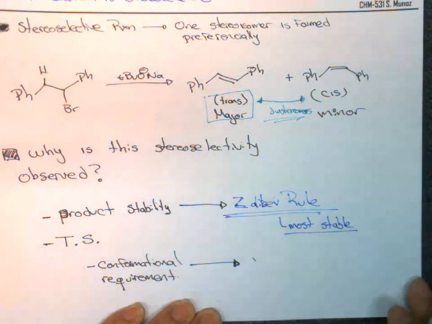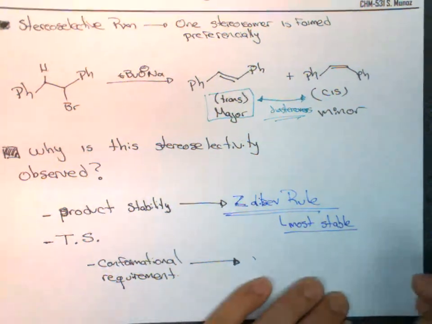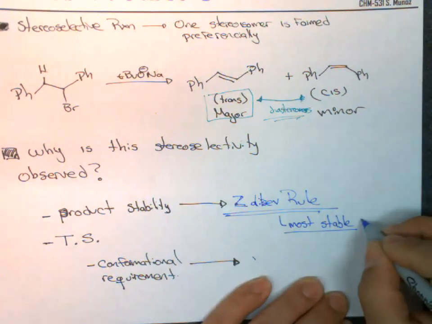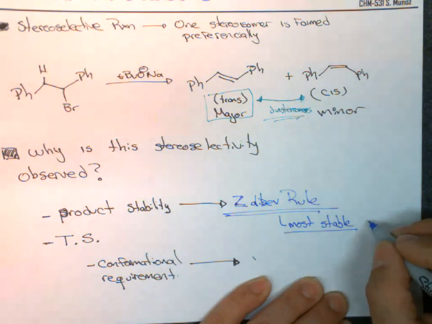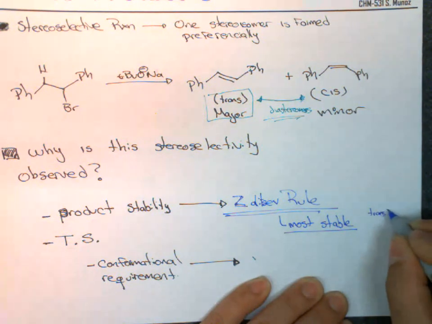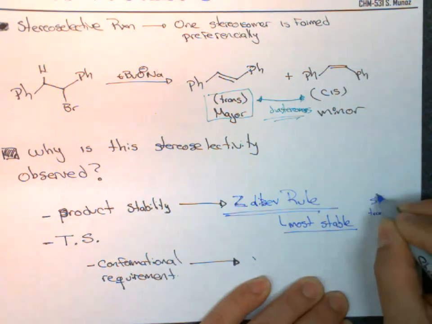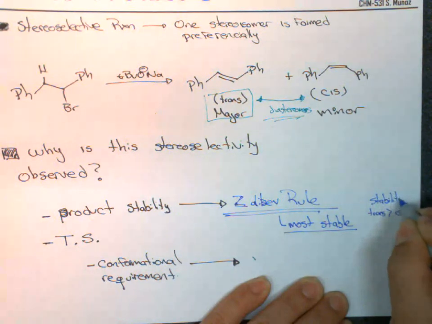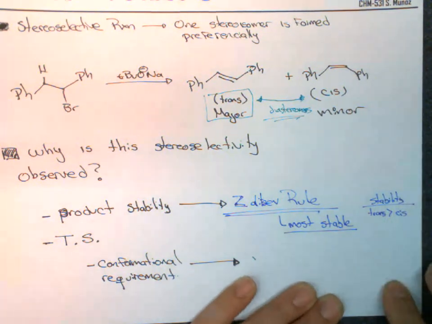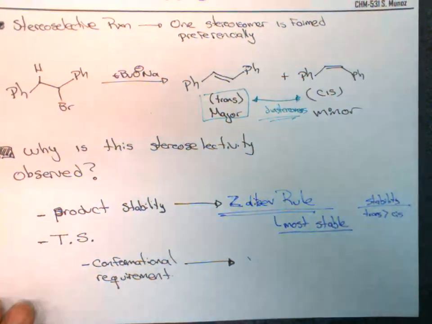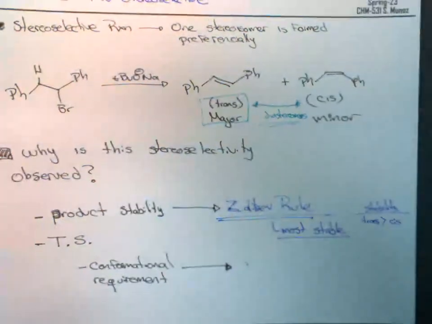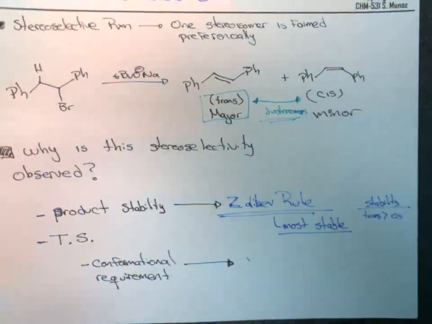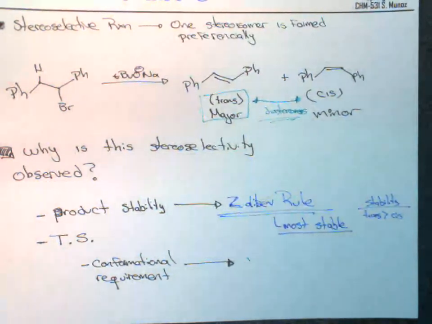But also, it's not only about the degree of substitution, but we also know that the trans is more stable than the cis. So in its own right, that gives us a clue as to why the trans is being formed preferentially. But that's not the end of the story.